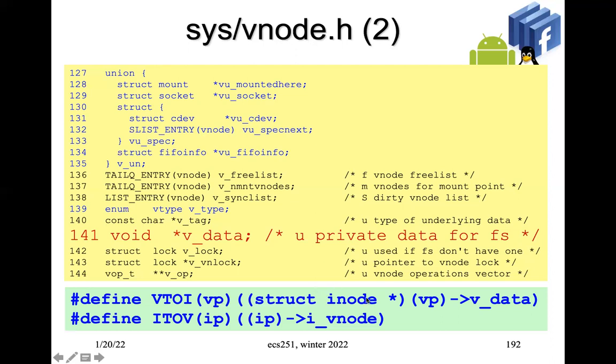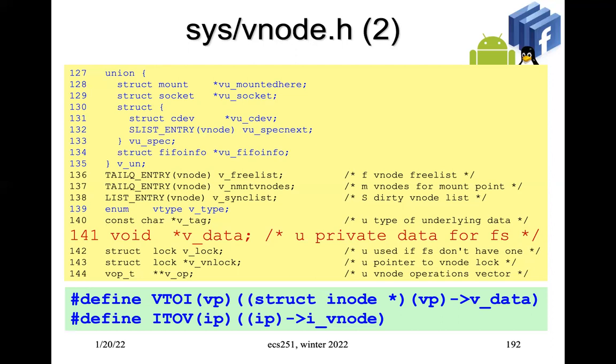Essentially you cast that generic pointer, void star. By the way, void star in C or C++ programming represents just a generic pointer. So VP is the vnode pointer, and you cast VP's v_data, which is a generic pointer, to struct inode star. This simple macro converts your vnode pointer to an inode pointer.